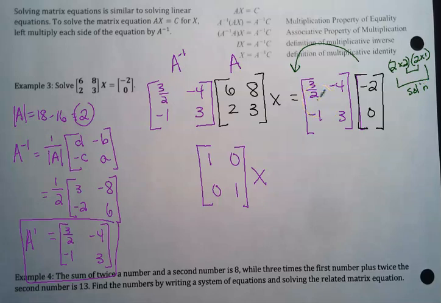So this equals, all right, now we're back to matrix multiplication. It's this row times this column, and it's going to be a 2 by 1, so 2 rows, 1 column. I'm going to do 3 over 2 times -2 plus -4 times 0. Then we're moving down to the second row: -1 times -2 plus 3 times 0.